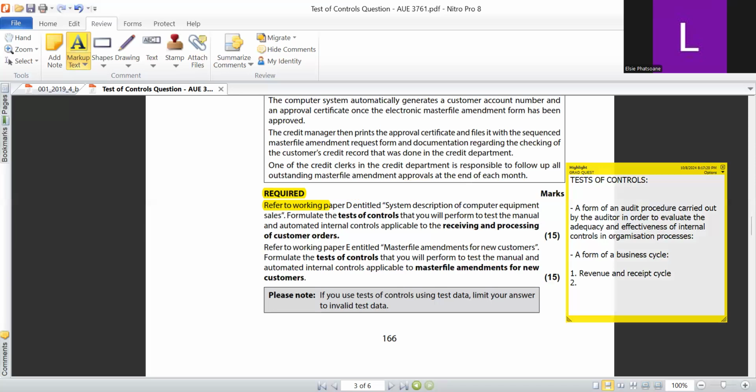Right. So now another cycle, obviously of note, apart from the revenue and receipt cycle, is the acquisitions and receipts cycle. I'm going to try and outline all of them at once here. Acquisition and receipt cycle. Then there's what we call the inventory and production cycle.